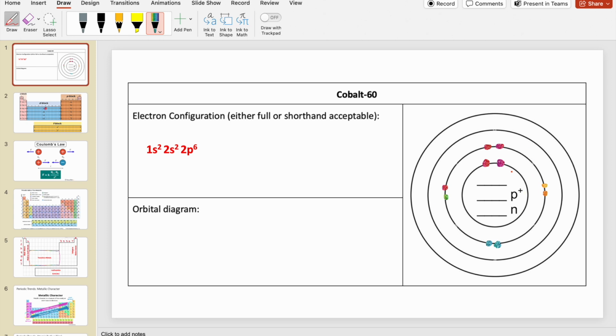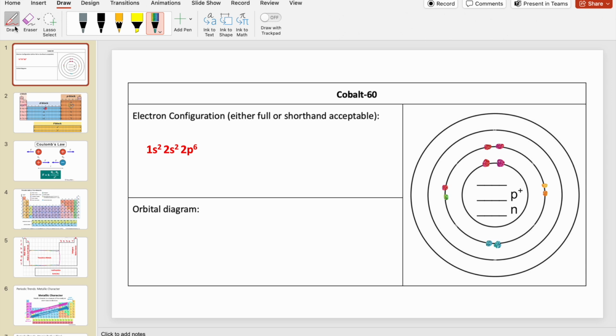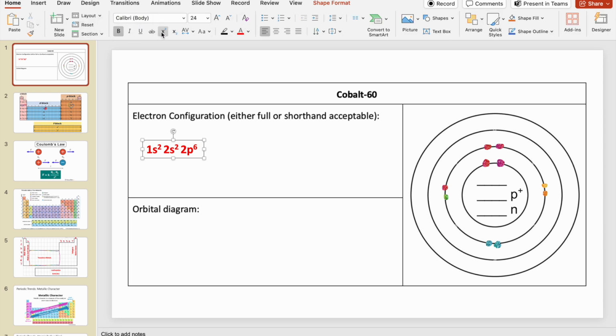After 2p6, we got to go through the 3s column. So this is 3s2, this is 3p6, and that adds 8 more electrons. 2 from the s, 6 from the p. So when I do this out, I'm actually going to get 3s2 and then 3p6.